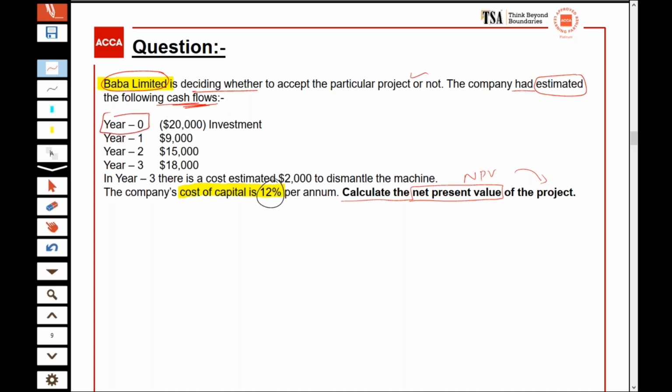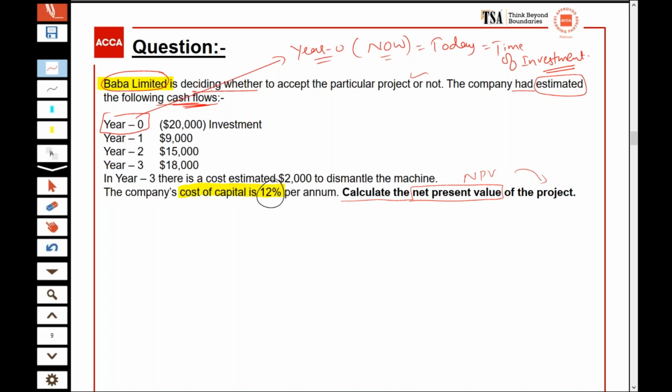Year zero means what? Year zero means now. Now means today. It means the time of investment.